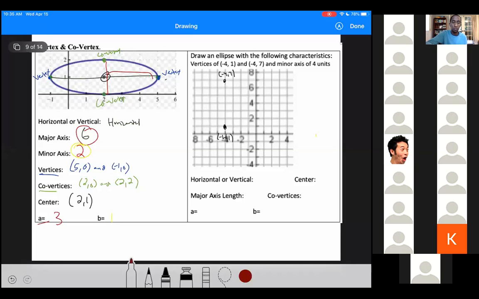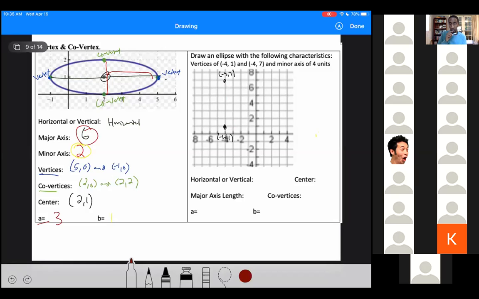I don't have everyone, but we'll go ahead and talk about it in case you were stuck. Jimena, can you continue us off from here? So I drew the vertices here, and then where did you go from there? I did the minor axis of 4 units, so that means it's smaller than the distance between the vertices.